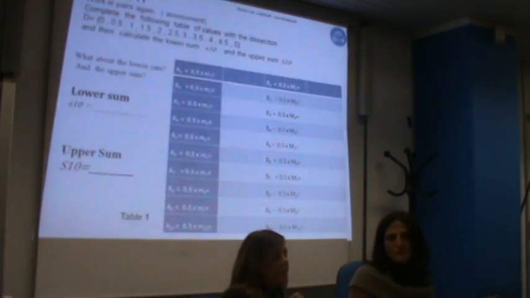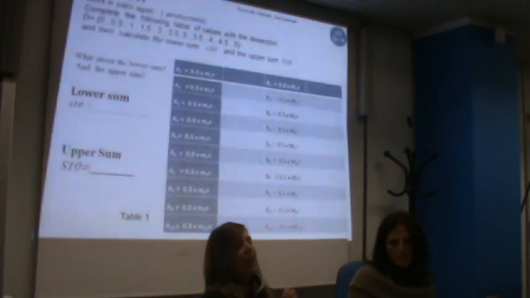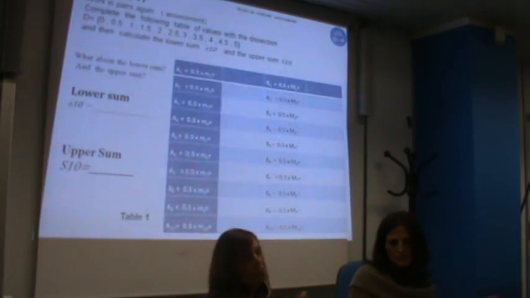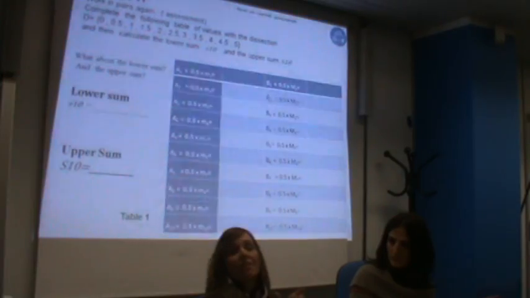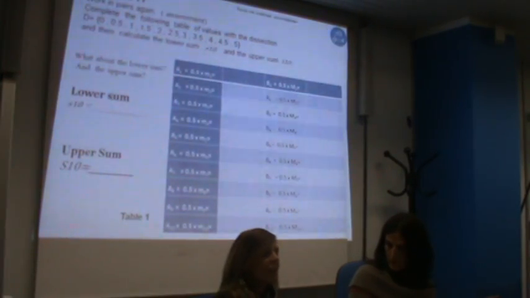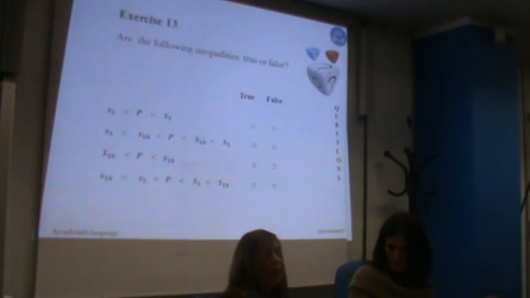In exercise 11, they haven't any guide because they have to calculate the lower sum and the upper sum with the 10 sub-intervals. So they have to calculate the minimum and the maximum, and this is more applicative than the other one.